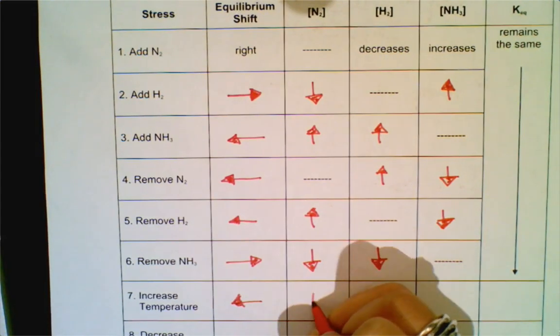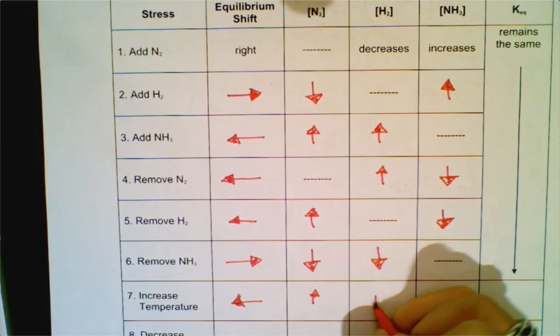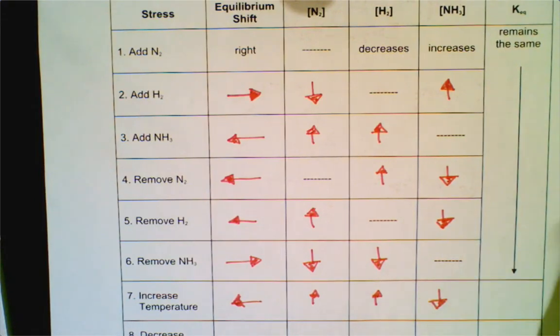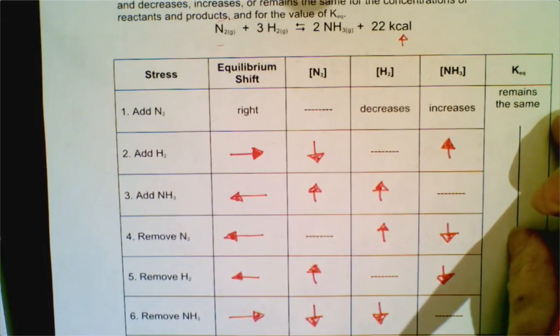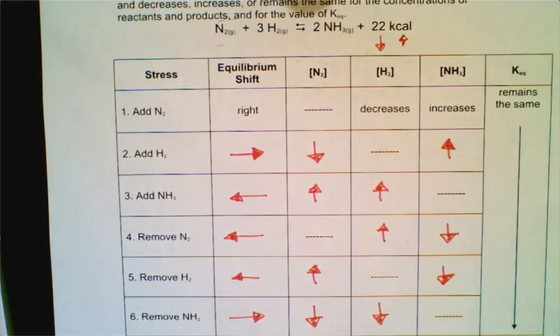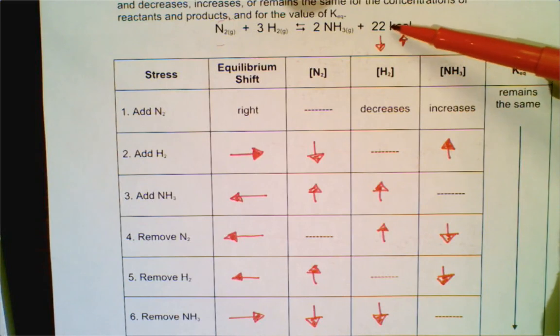If we do that, that means that your N2 and your H2 will go up and your NH3 will go down. The opposite will happen if the temperature is dropped, just like a concentration. If the energy is going down, we need to shift in order to bring that energy value back up.